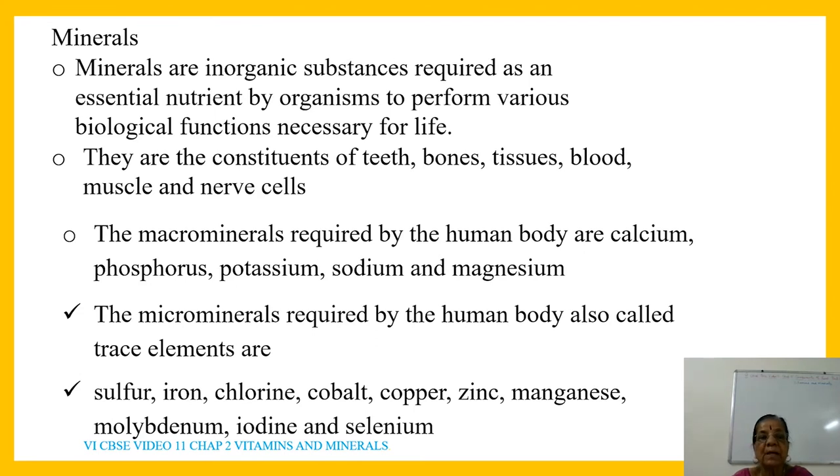What are the macro minerals required by the human body? They are calcium, phosphorus, potassium, sodium and magnesium. It is not given in such detail in our book, so you have to learn, so listen carefully. Right? Macro minerals are calcium, phosphorus, potassium, sodium and magnesium.